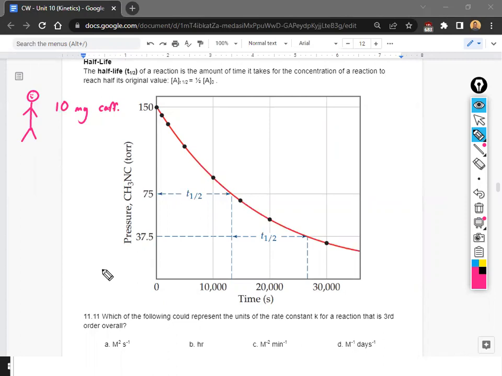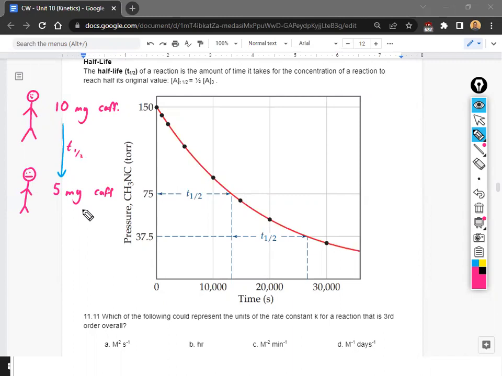Now, the amount of time it takes for the caffeine levels in my body to go down by half, so to 5 milligrams, and here Mr. O is getting a little bit less happy, that is called the half-life, and we can write that as T1/2.